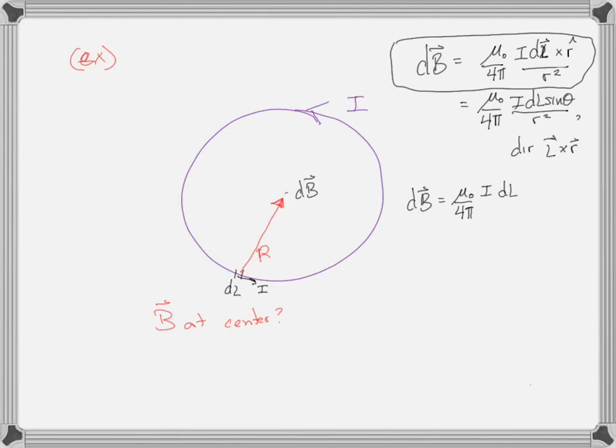And the angle between L and R, hopefully you can see, is 90 degrees. It's the tangential direction and the radial direction, over R squared, and here it's a fixed quantity, capital R.